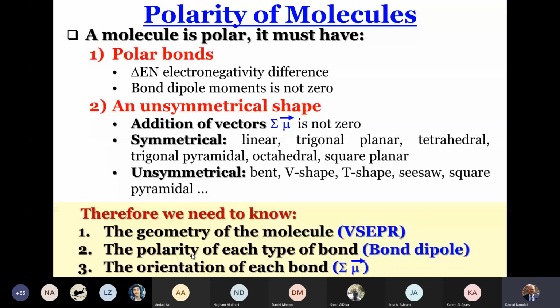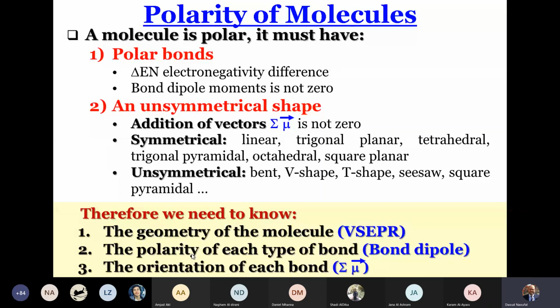If the sum of the vectors is equal to 0, that means you don't have polarity. The molecule is non-polar. And if the sum of the vectors is different from 0, that means the molecule is polar.